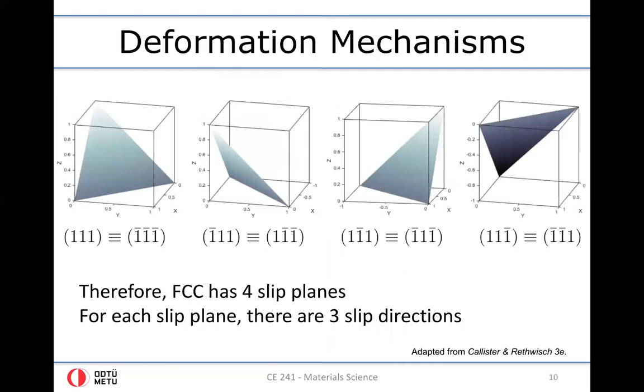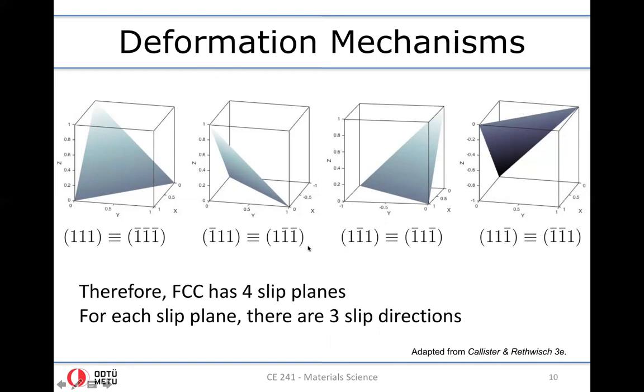If you would like to take a closer look at the slip planes in FCC, this is our (111) plane, which is equivalent to the (-1-1-1) plane. This is the (-111) plane, and its equivalent plane is denoted here. This is (1-11), equivalent with this, and this is (11-1), as you see here.